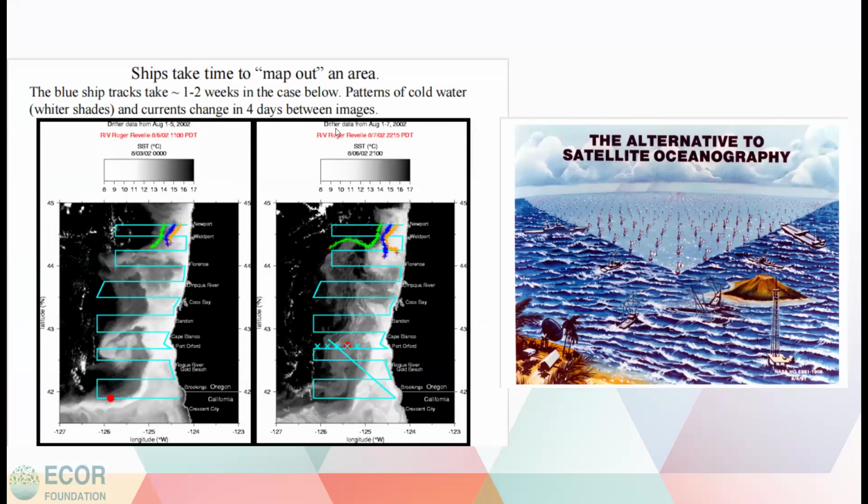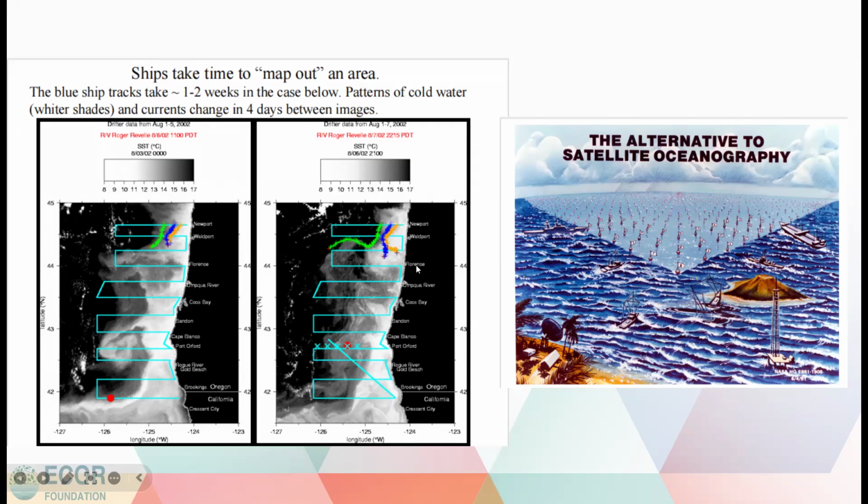Here in the left-hand image, we can see that ship surveys take 1 to 2 weeks to cover a particular area, shown by the blue tracks. Ocean conditions actually change rapidly. SST patterns shift in just 4 days, and the two different maps show that. The whiter shades are the cold water areas, showing the dynamic currents and upwelling zones.